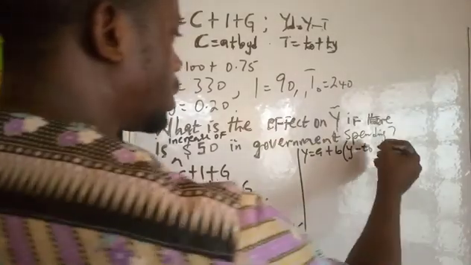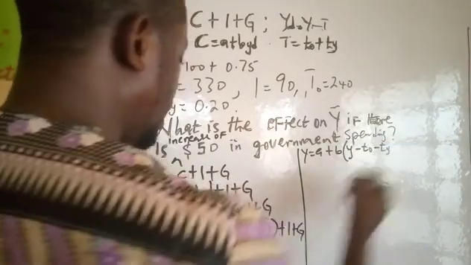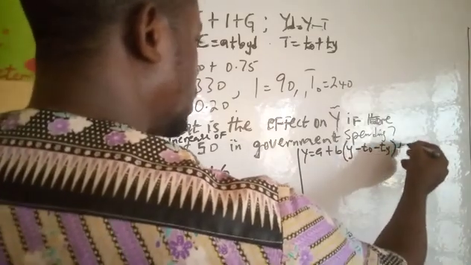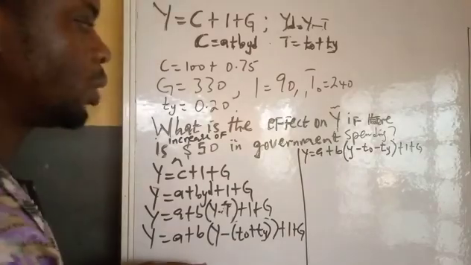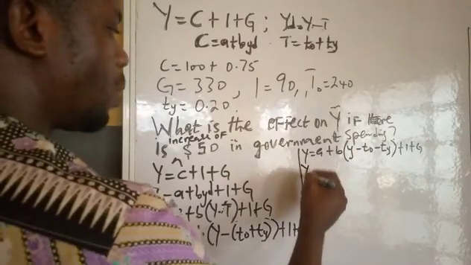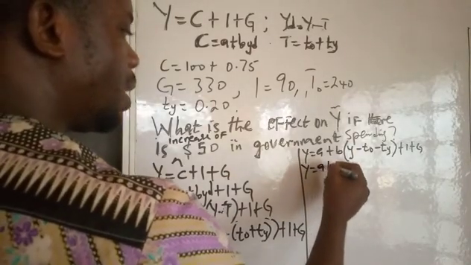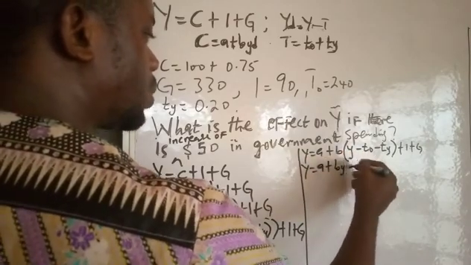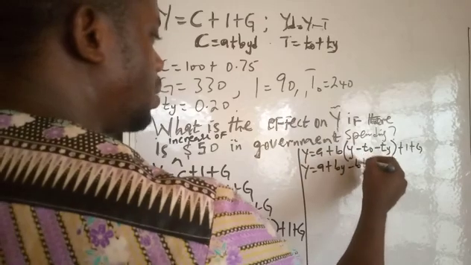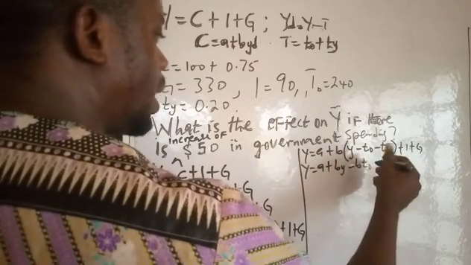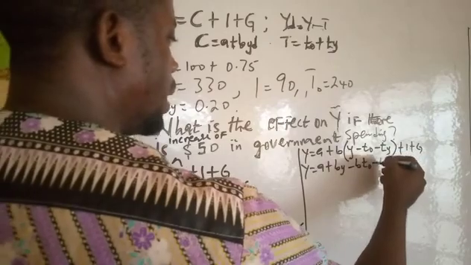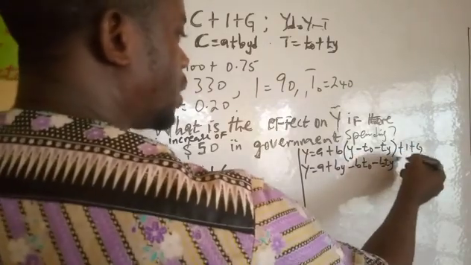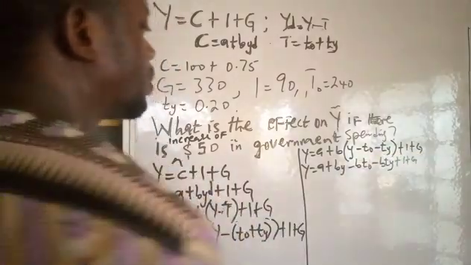Then minus times plus minus ty. Then we have one bracket left, then plus I plus g. So we open the big bracket now. Y equals a plus by, plus times minus b times t naught, minus bt naught, plus times minus b times ty, minus bty. Are you following? Then we have plus I plus g.